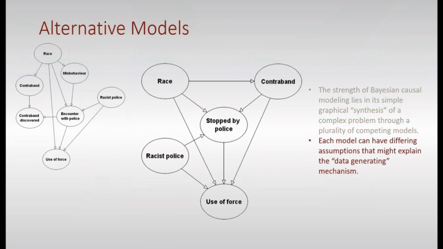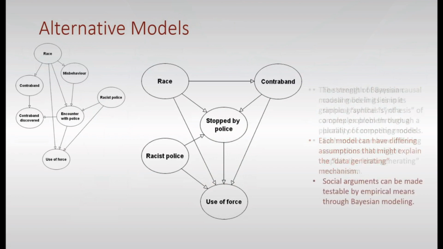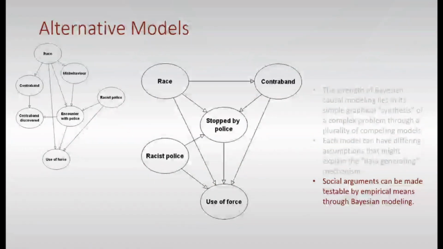You can put in different assumptions or beliefs to help explain the data generating mechanism. And social arguments can be made testable by empirical means. So you can test out arguments in the model to see if the model predicts or sustains arguments or beliefs that you might have.